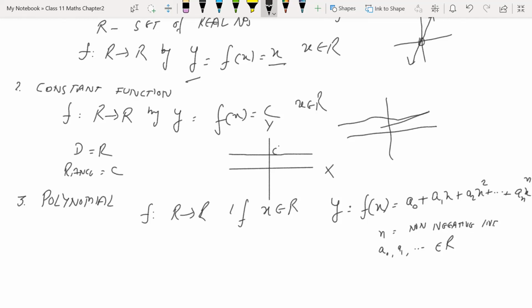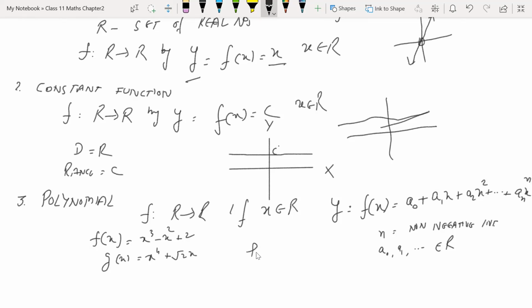So some examples of polynomials are these, because the exponent being a non-negative integer cannot be a fraction. This is a polynomial. These are examples of polynomials.